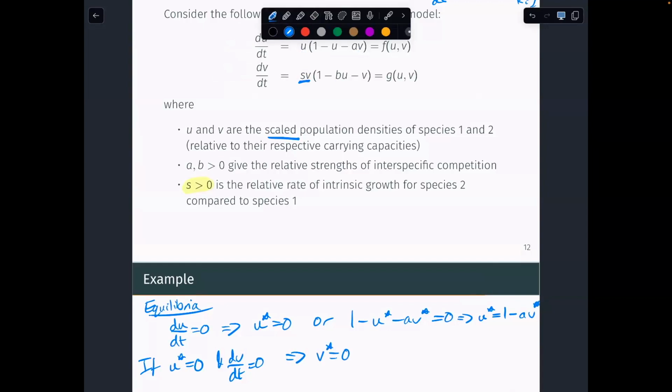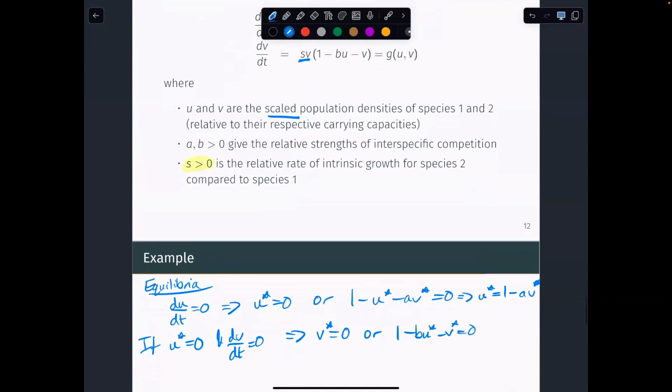Remember, the stars are just referring to the fact that it's an equilibrium. Or the term in the brackets, 1 minus bu star minus v star, must equal 0. We've already assumed that u star is equal to 0 here. This means that v star must equal 1.